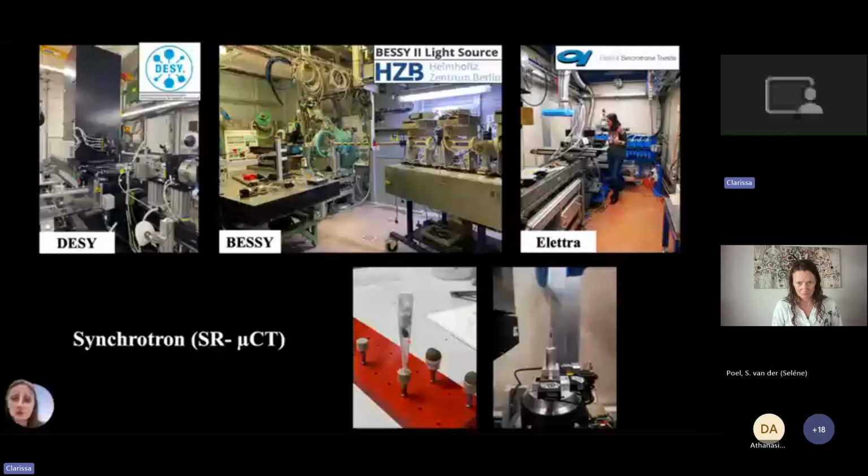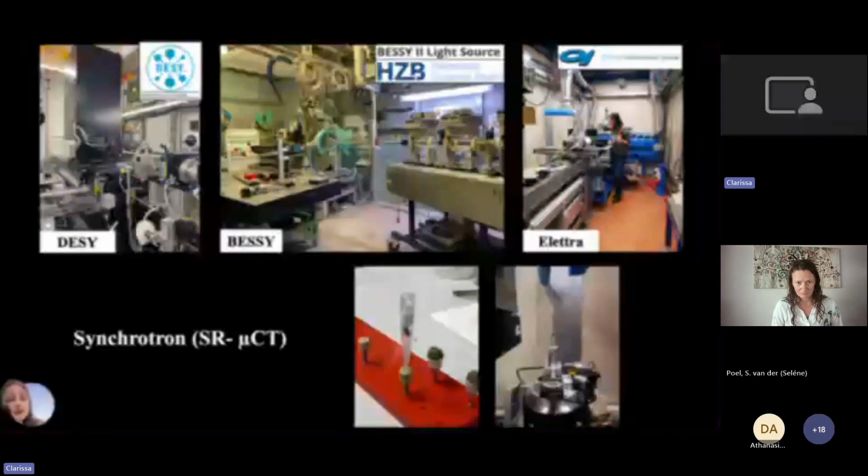You can have them as large as you want, but the archaeological ones are extremely small, and so they fit really well in these pipette tips. And again, the idea is to hold them still while the scan is happening. The difference between the lab-based SciTech versus the synchrotrons is the time that it takes. For example, if you go to a synchrotron to do one scan, it could take 10 minutes. So that's the difference. And depending on what machine you're using, you might get a different resolution as well.